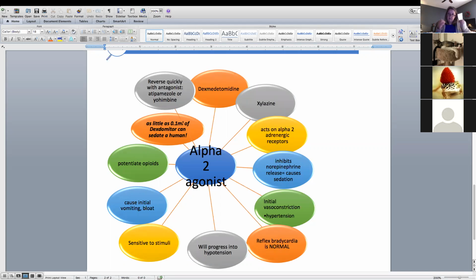And the key to studying any drugs, especially as I focus on anesthesia, is what makes them different from each other. Sometimes it's route, sometimes it's effects, sometimes it's duration of effects. So when you pick apart drugs, always have that in the back of your mind. How am I going to differentiate?